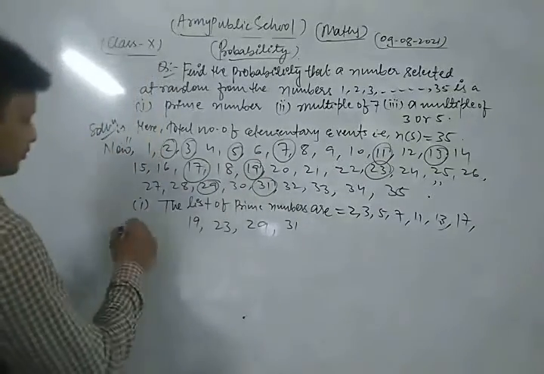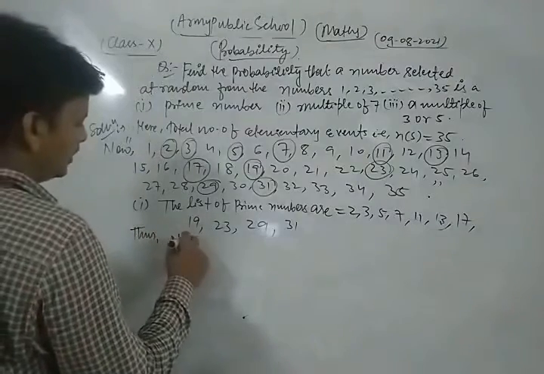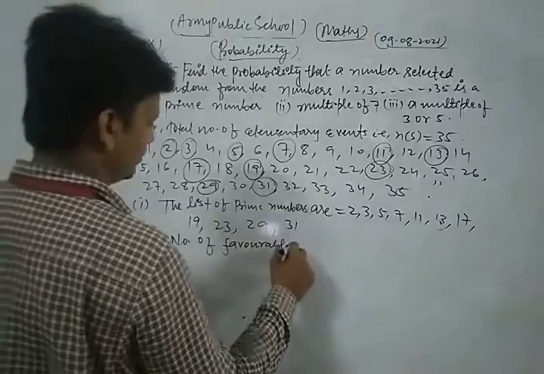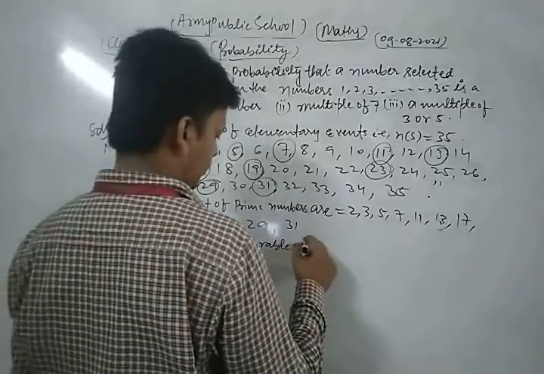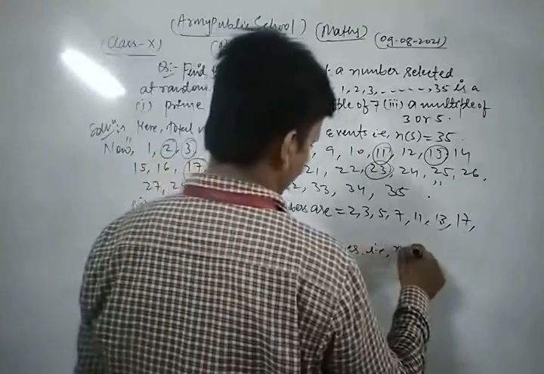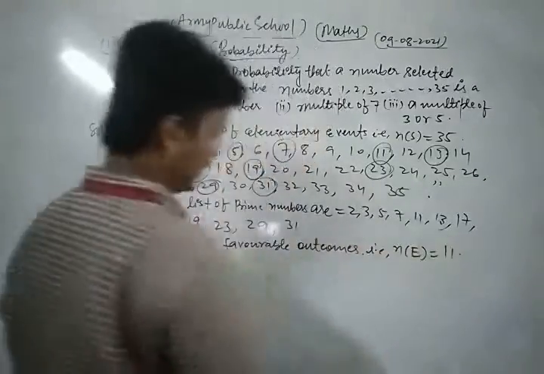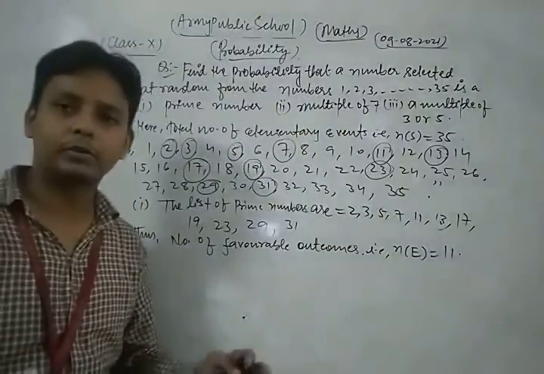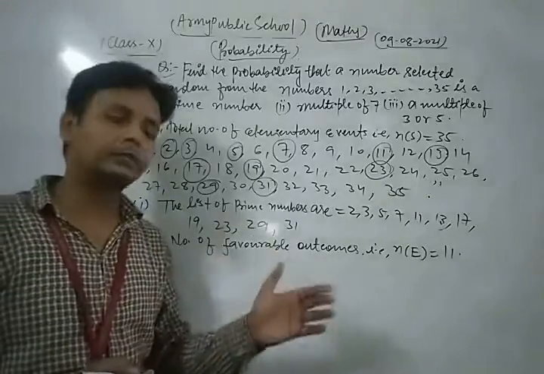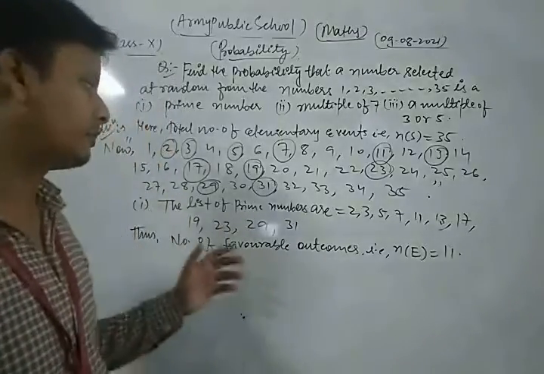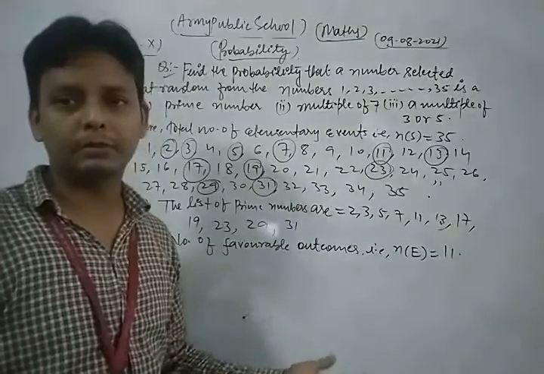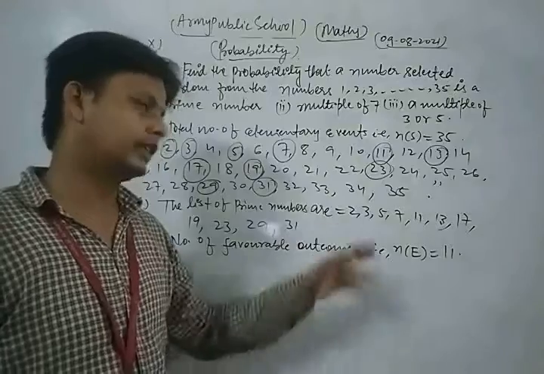So thus the number of favorable outcomes, that is n(E), is 11, because we find the probability that one number chosen at random is a prime number. So here the list of prime numbers is this, and there are 11 prime numbers from 1 to 35.